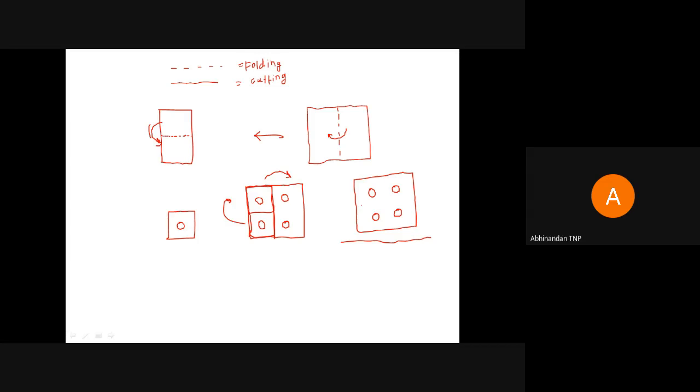So you have to apply your logic, your imagination power, and then find the correct answer. So this is the basic. Folding is denoted by a dotted line, and cutting is denoted by a solid line. Then one question here we have, and then we have to find the correct answer.